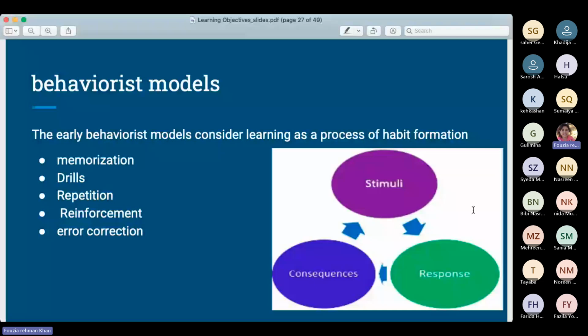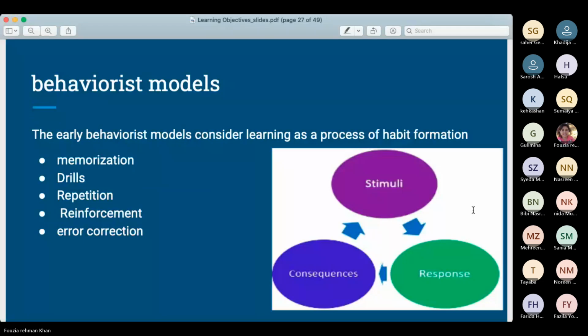I mean, the professionals are going to do certain drills in order to memorize maybe vocabulary or the structures or the rules, and there would be a lot of repetition to reinforce whatever is being taught to them.